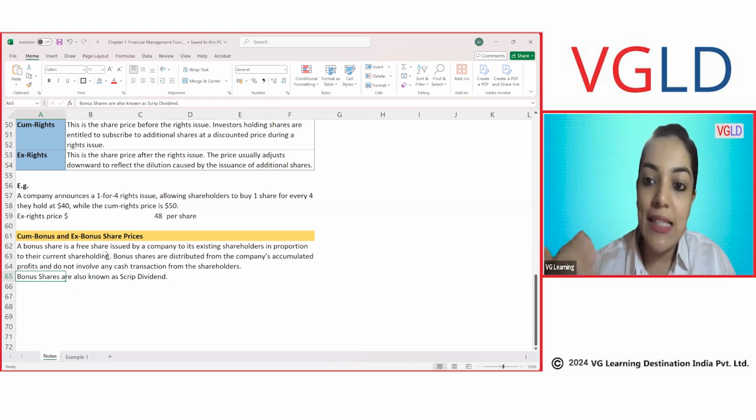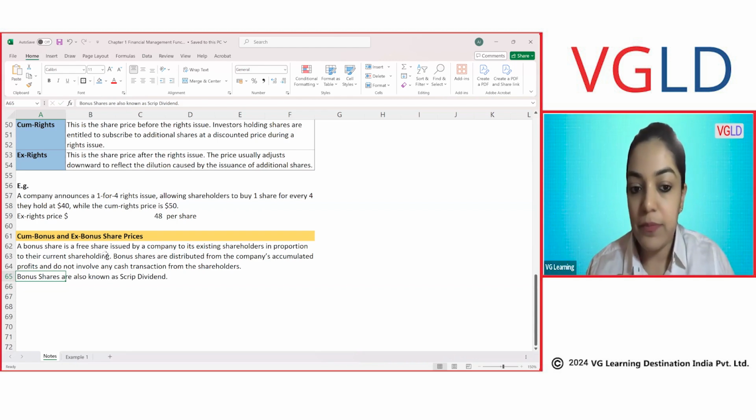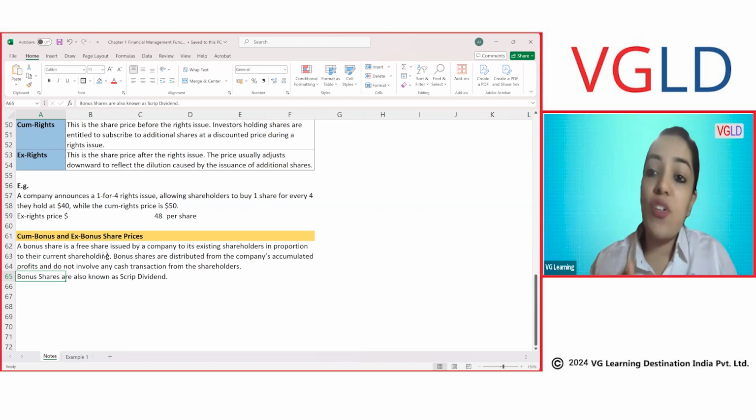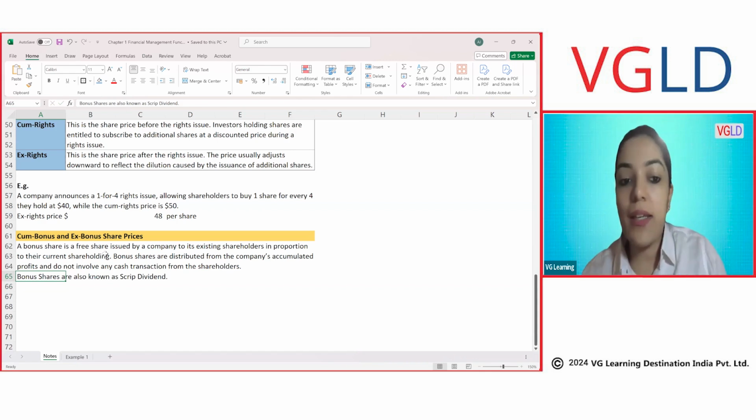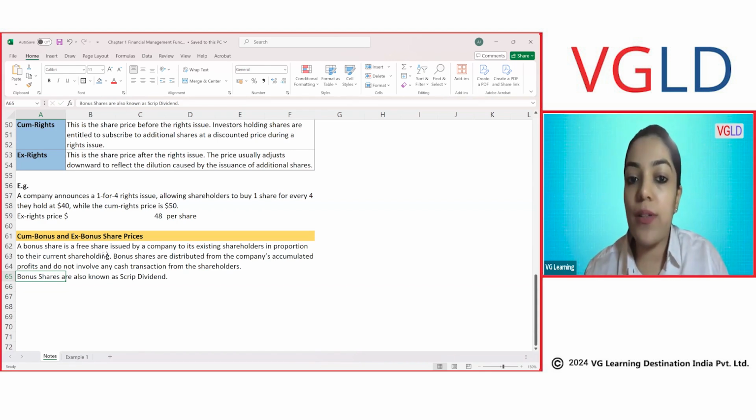Normally when we say dividend, it is a cash dividend. So a normal dividend is distribution of profits of the company as cash to the shareholders. Bonus shares are also a form of dividend only. Instead of cash, you are giving shareholders free shares.